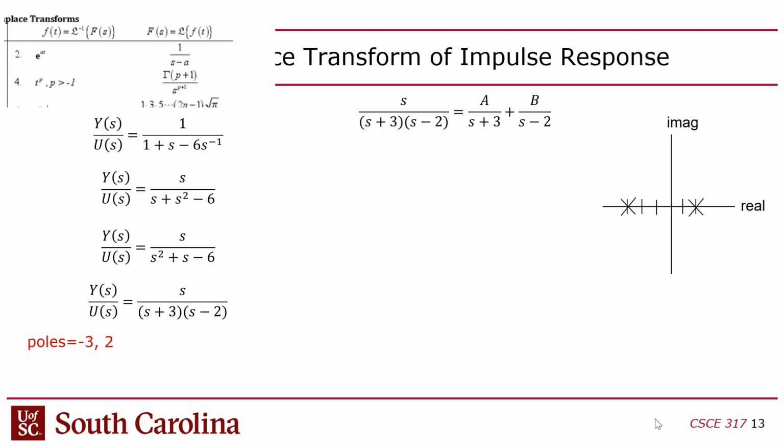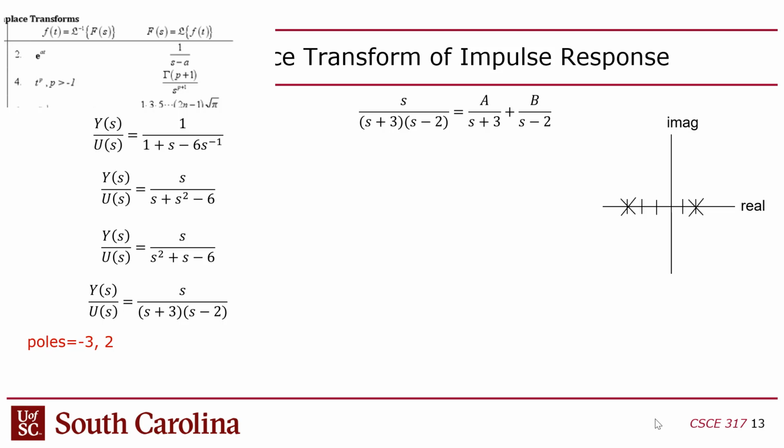Yes? What you do is you multiply a by s minus 2 over s minus 2, and you multiply b by s plus 3 over s plus 3. You basically multiply each one by 1, put the factors there, then cancel out the denominator, so you get s equals a times (s minus 2) plus b times (s plus 3), and then you solve for each coefficient.